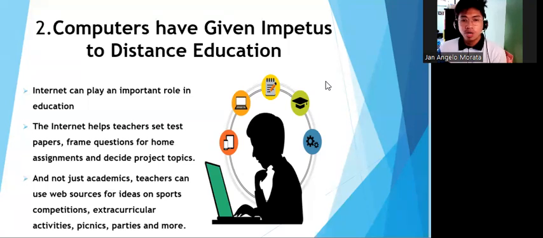Not unless kung naka-modular distance learning tayo. And not only that, hindi lang siya about distance education, but also for the data gathering and the data na kailangan natin for us to learn a specific topic.